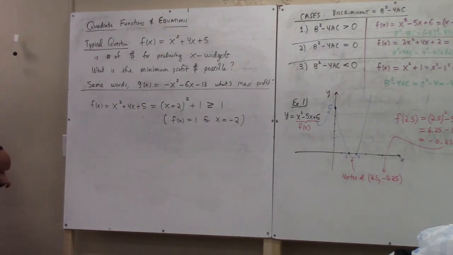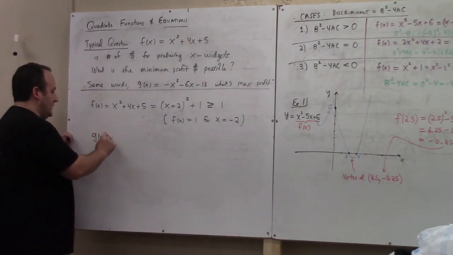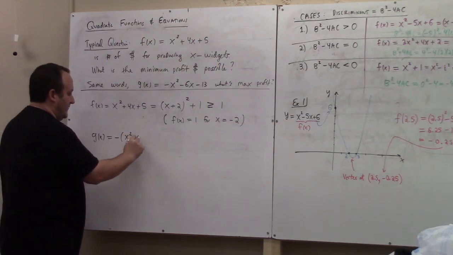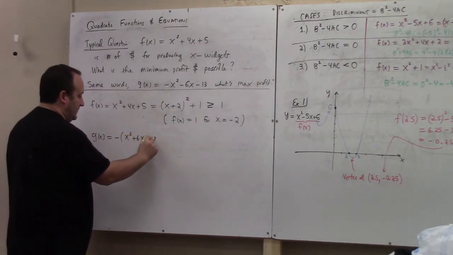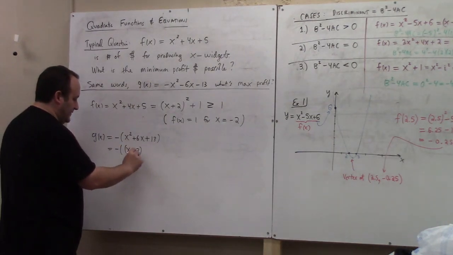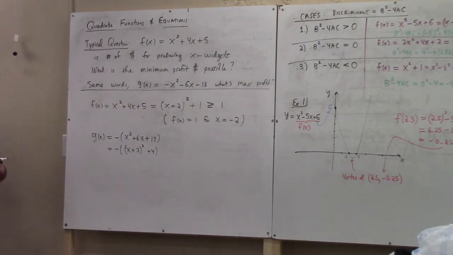How about this next one, g of x? Well, I would factor the minus out, and that would give me x squared plus 6x plus 13. Then I would complete the square on that. That's x plus 3 squared plus 4. So now that I did that little bit of algebra, I bet Brianna can tell me what the maximum profit possible is.